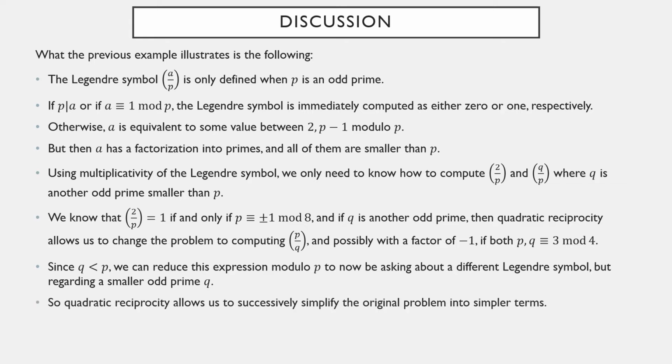So quadratic reciprocity allows you to repeat this process over and over again. Sometimes you get things that are very easy. Otherwise, you're working with smaller numbers and smaller primes until they become easy, and then you're done.